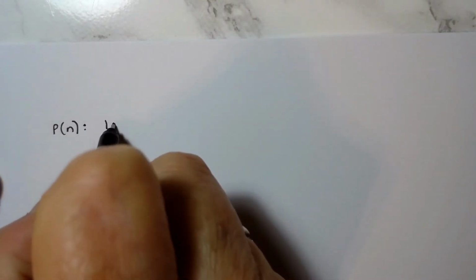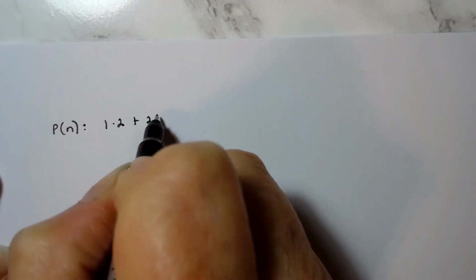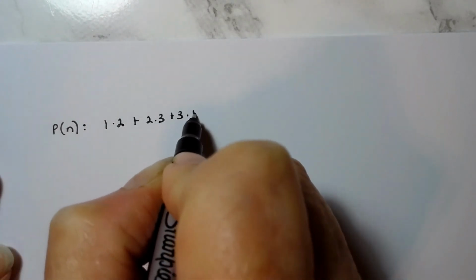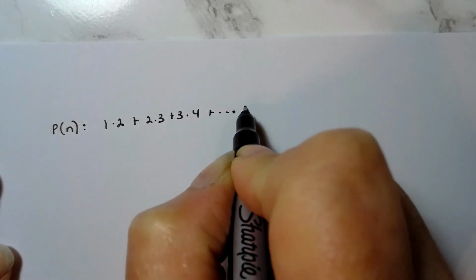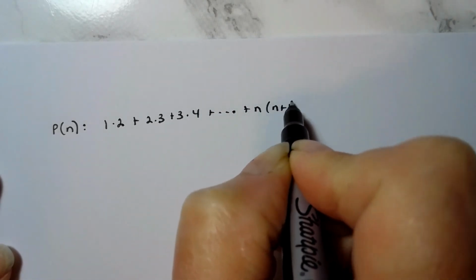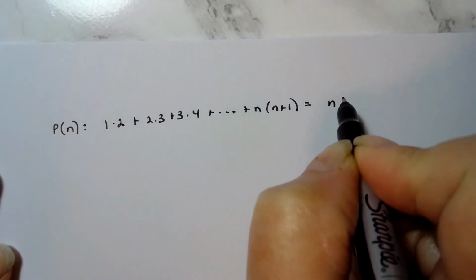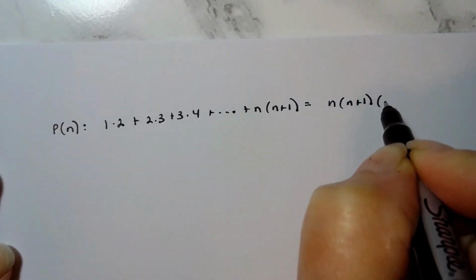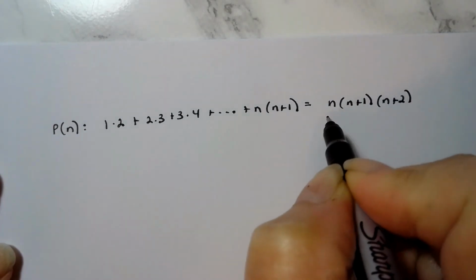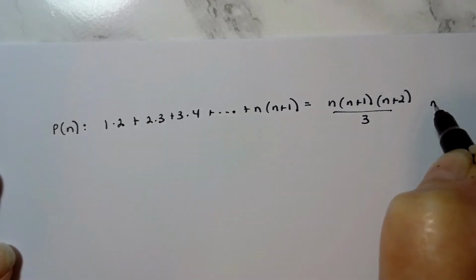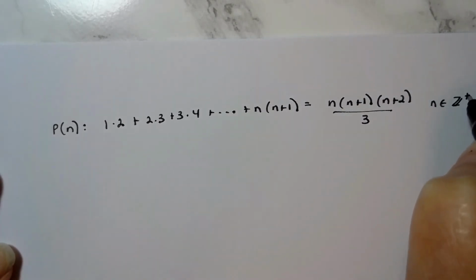P of n is 1 times 2 plus 2 times 3 plus 3 times 4 plus n times n plus 1, and that's equal to n times n plus 1 times n plus 2 all over 3, where n is an element of the positive integers.